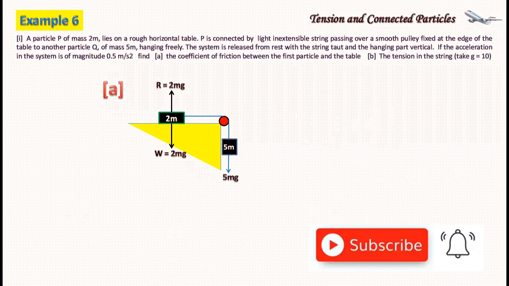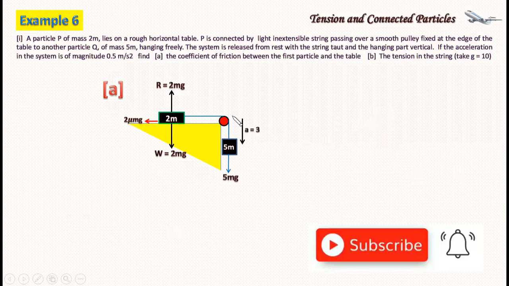Then equally, since there is friction on the horizontal table, the table is not smooth, there is a frictional force acting. This is indicated by 2 mu mg, because the frictional force is equal to the coefficient of friction times the normal reaction. The normal reaction here is 2mg, so times mu gives us 2 mu mg.